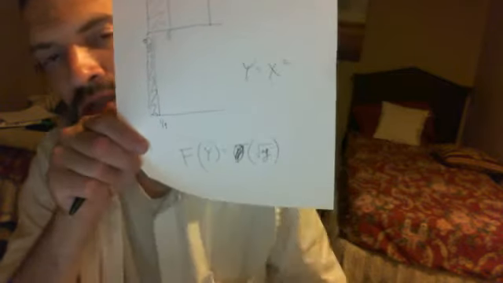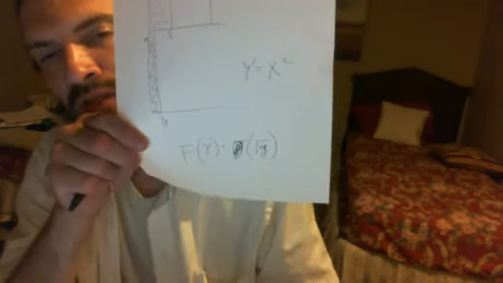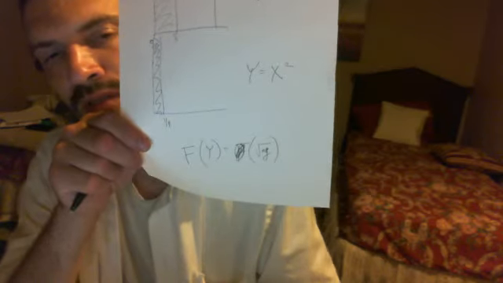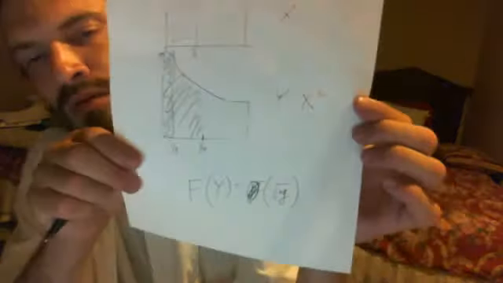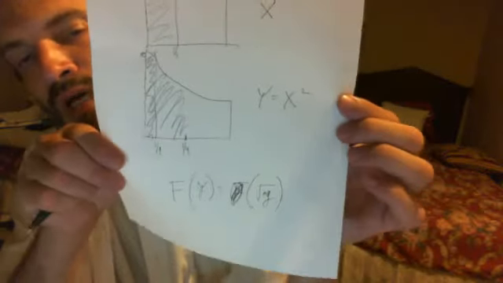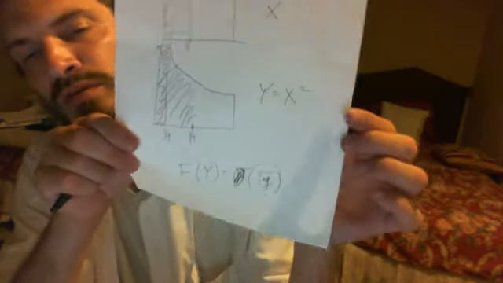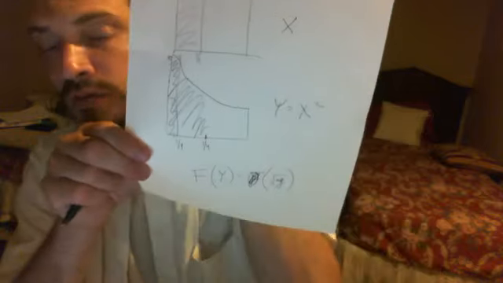The answer is the root of a quarter, that's a half. So when y reaches a quarter, we have already half of the ground covered.